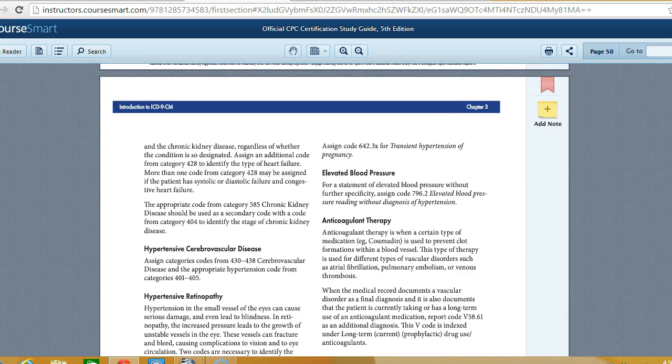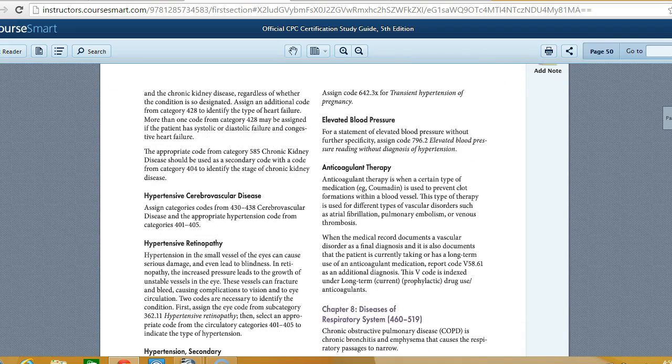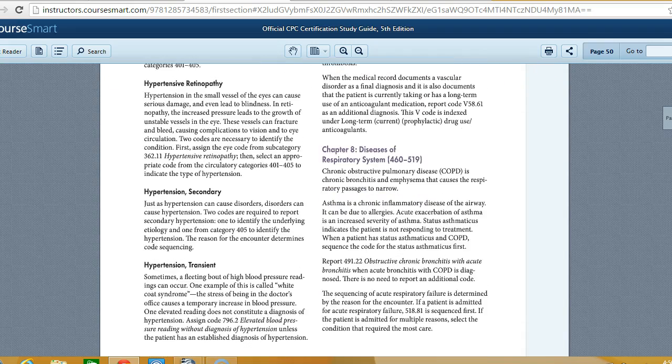That's only for hypertension and chronic kidney disease. Everything else the doctor has to link. Remember that. If you have an elevated blood pressure that is not hypertension, if he just says elevated blood pressure, that's what it is. You should be coding code 796.2, not 401.9.